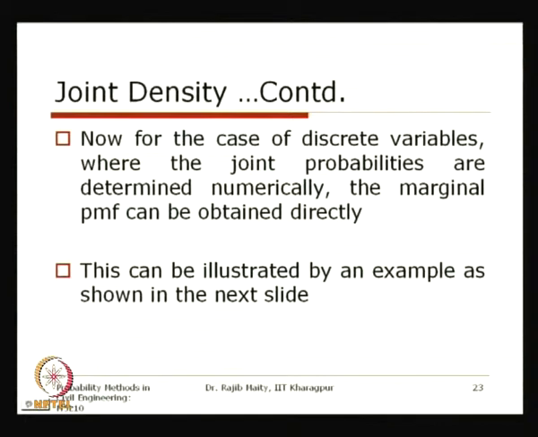Now if we take the case of discrete variables, where the joint probabilities are determined numerically and concentrated at specific points, the marginal PMF can be obtained directly. How we do it will be better explained with one example.